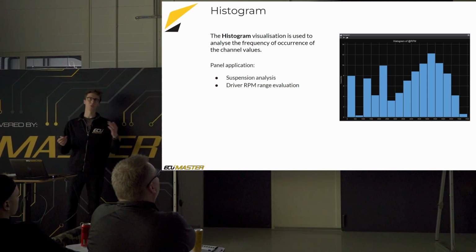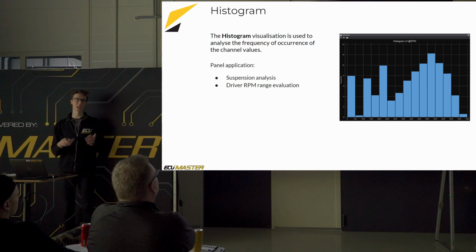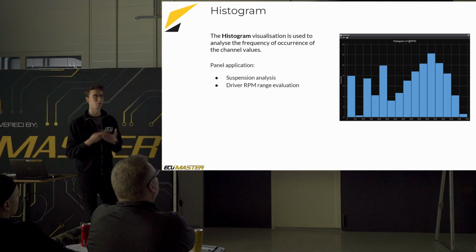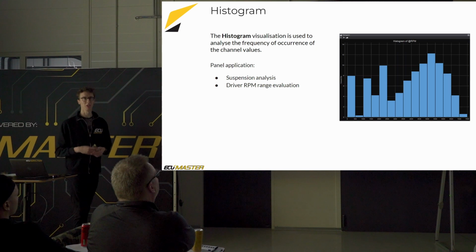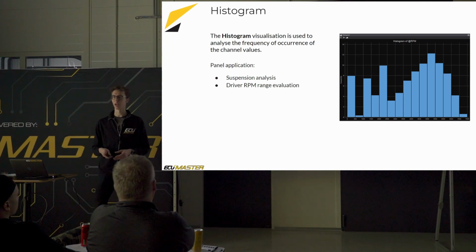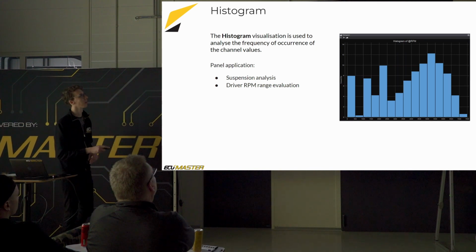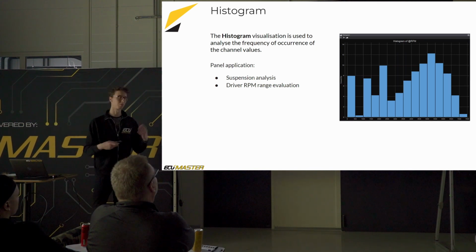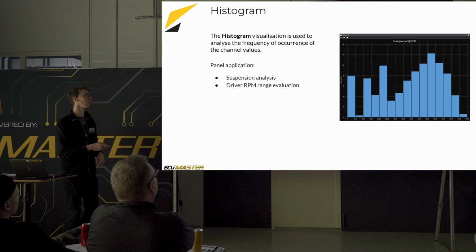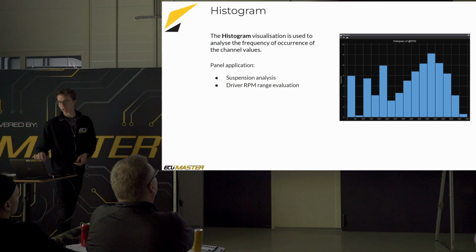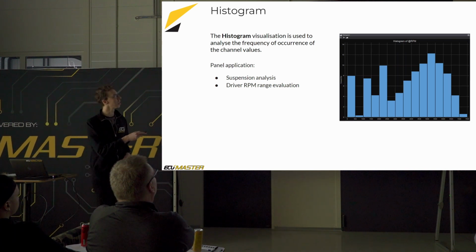Of course, when we think about histograms in data analysis, we automatically think about suspension histograms, suspension velocity histograms to be exact, but we can analyze more data than we think with the histogram. For example, on this image, we have the histogram of the RPM.